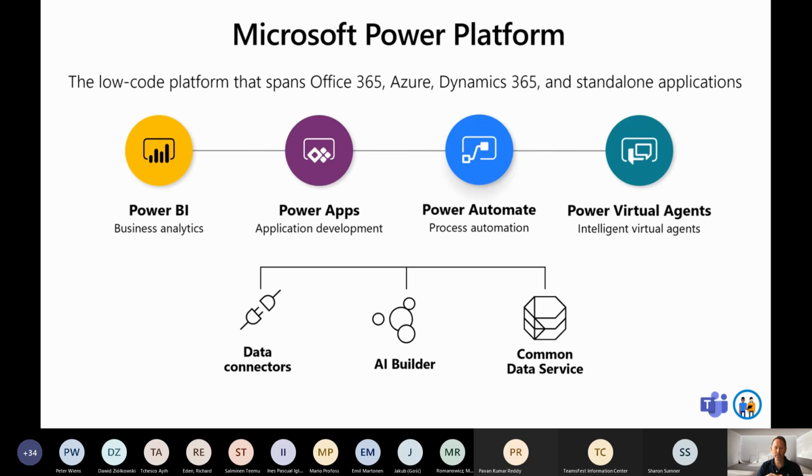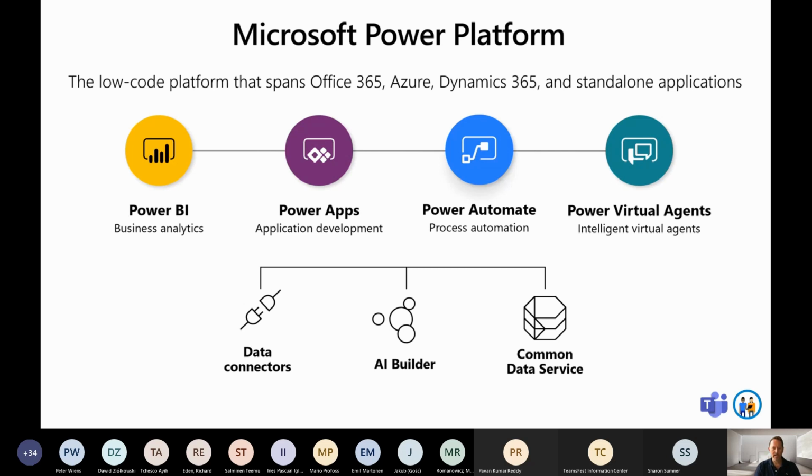And the Common Data Service allows you to create your own entities, or to use predefined entities in your own applications to make your life easier. But that's a different scenario. So this is just a very short overview of what's included in the Power Platform.